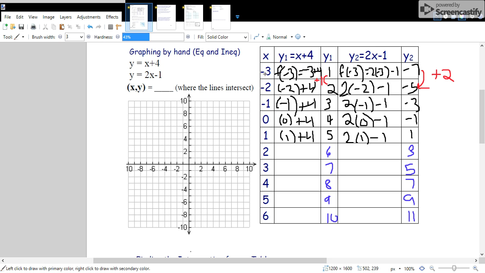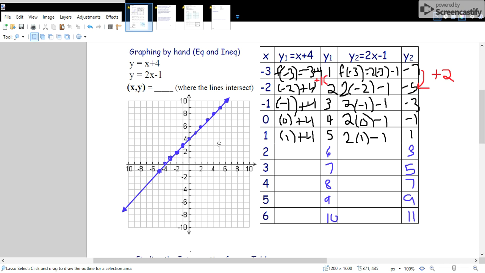So we have negative 3, comma 1. So that's a point. Okay, negative 2, comma 2. Negative 1, comma 3. If you connect them, you get a line like this. Let's plot the other points.